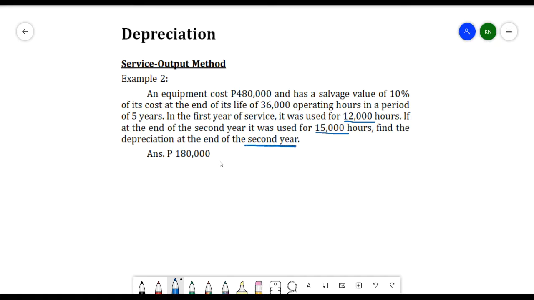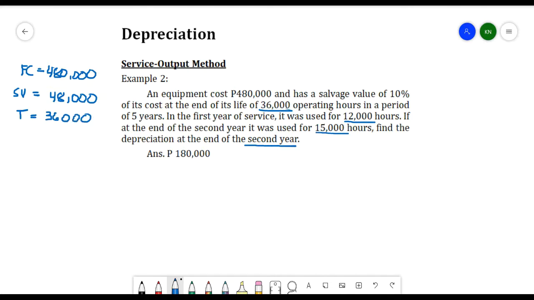of the second year. So again, we have our FC equivalent to 480,000 pesos. Our salvage value is 10% of 480K, so our SV is equivalent to 48,000 pesos. Next, it is said to have operating hours until the end of its life of 36,000 hours, so our T is 36,000 hours.